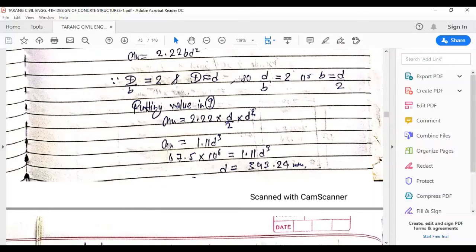Putting the value of Mu here, the ultimate moment, which is the factored moment we got by multiplying 45 by 1.5, is 67.5 multiplied by 10 raised to the power 6, which is equal to 1.11 d cube. By cube rooting this expression, we get d as 393.24 mm.